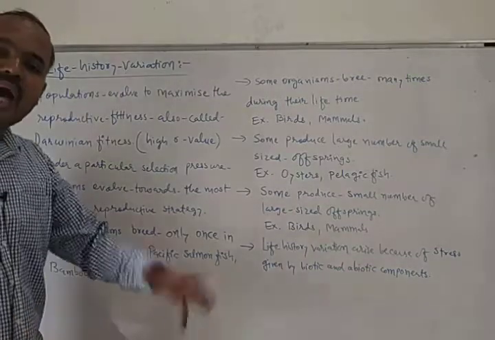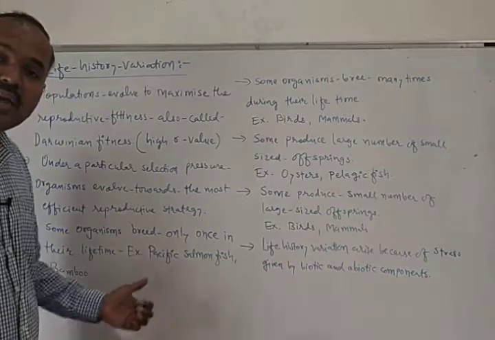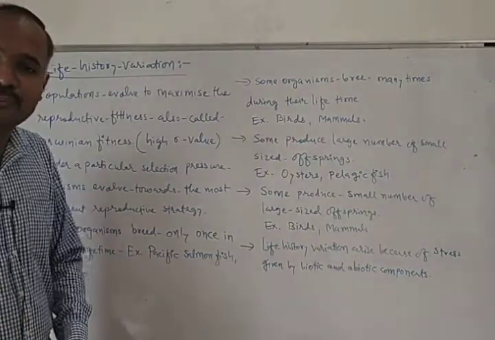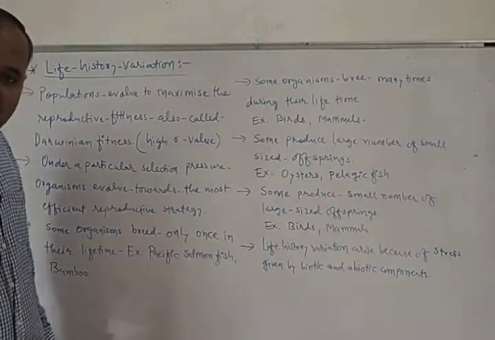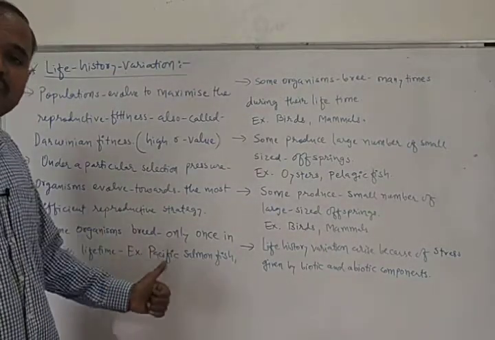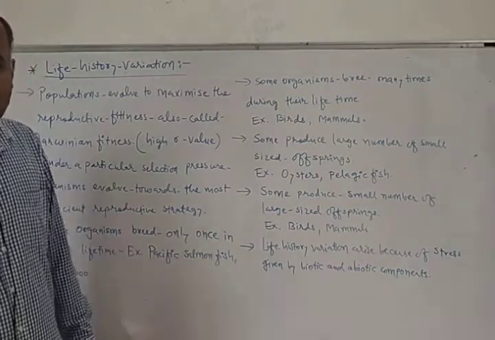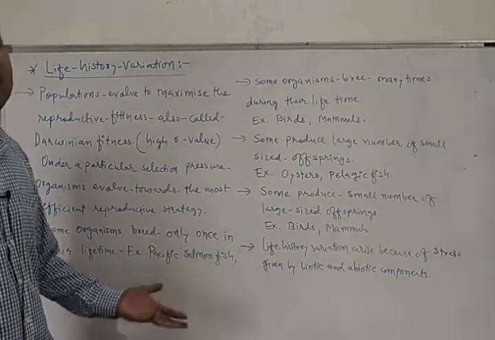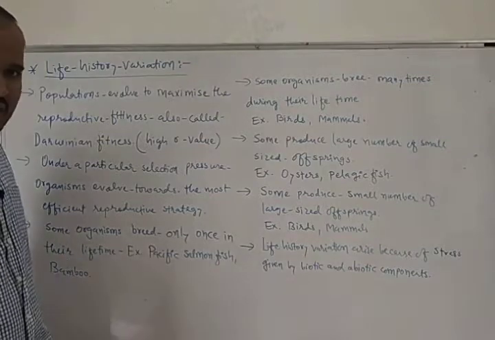They produce a large number of offspring and then they die. That is their most efficient reproductive strategy.